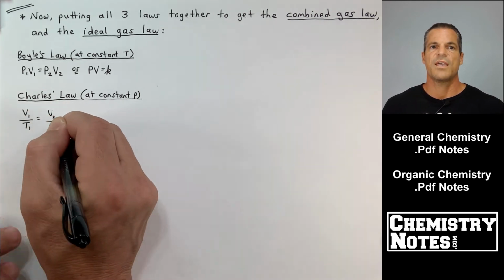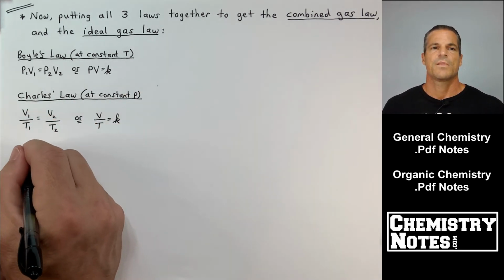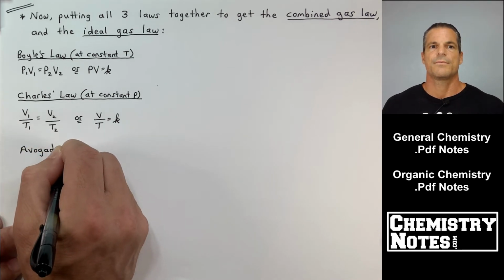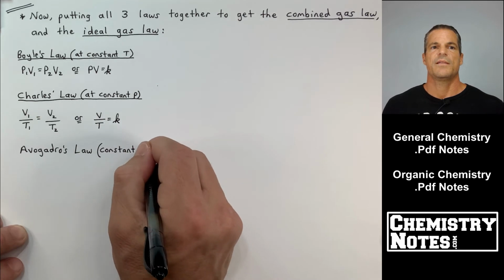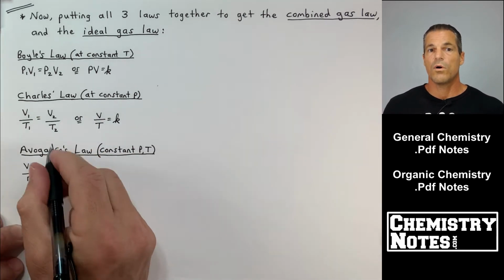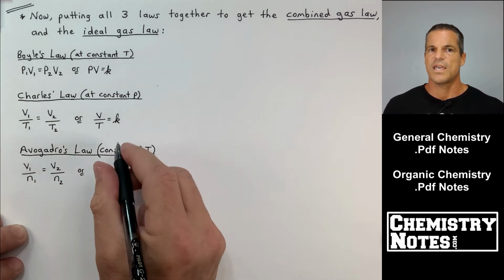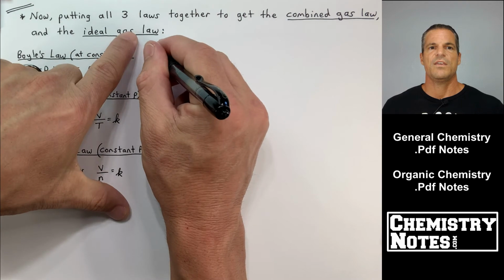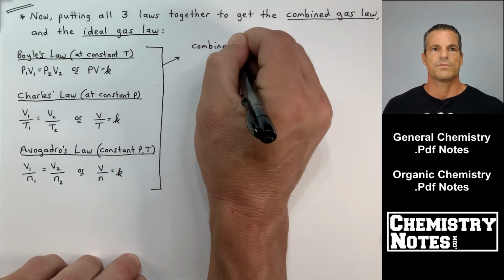Or you could say V over T equals some constant K. Third one, Avogadro's law. This one was held at constant pressure and temperature, and it's V1 over N1 equals V2 over N2, or for our sake here, V over N equals K. So PV equals K, V over T equals K, V over N equals K.